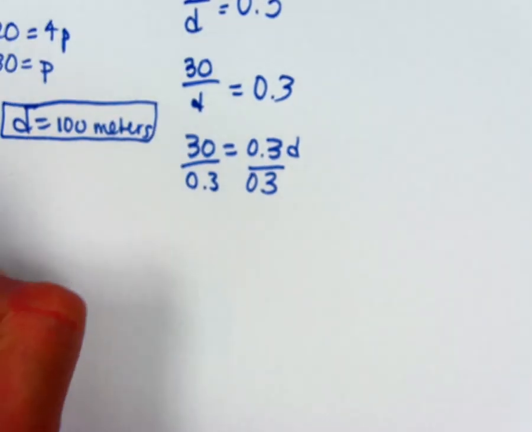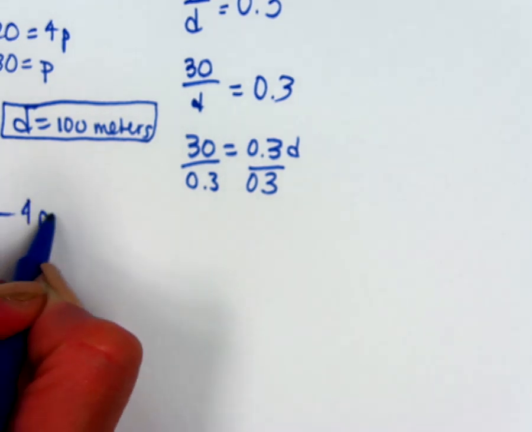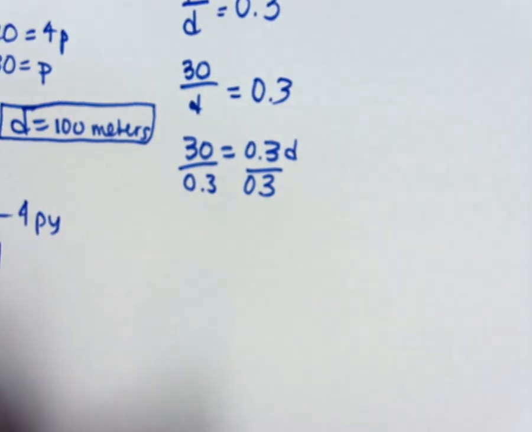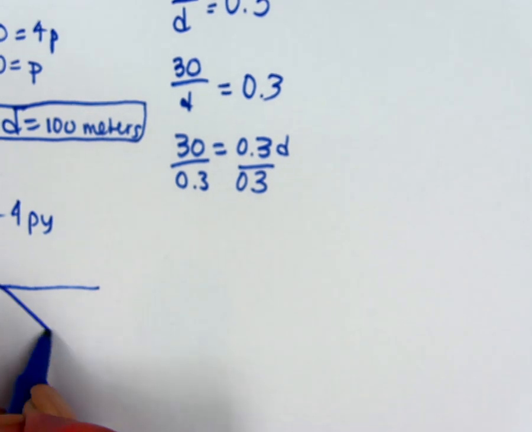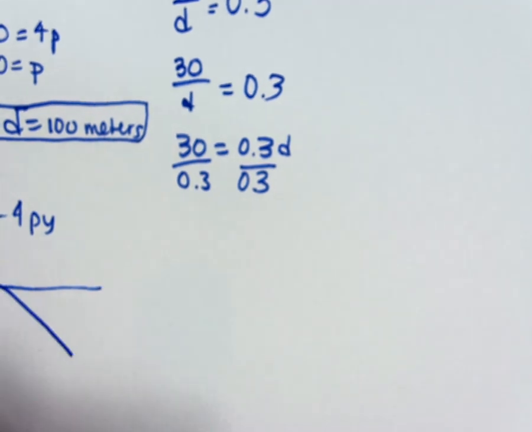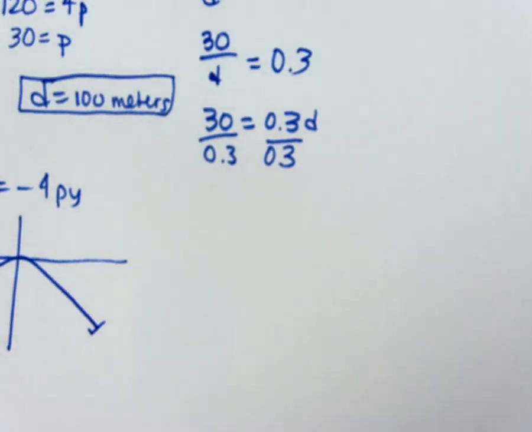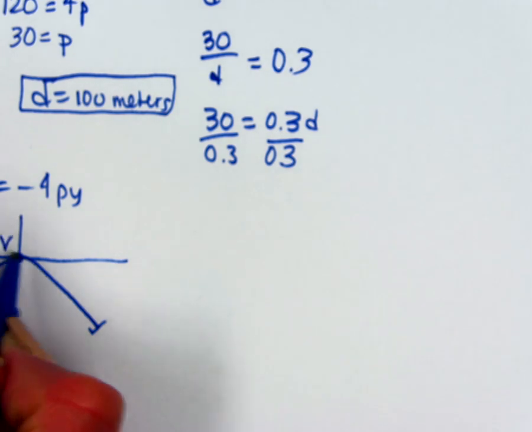All right, so we know that it has to fit this format. And they wanted the vertex to be at the origin. It has a horizontal x-axis that passes through the vertex. All right, so here's my vertex. That's at 0, 0.